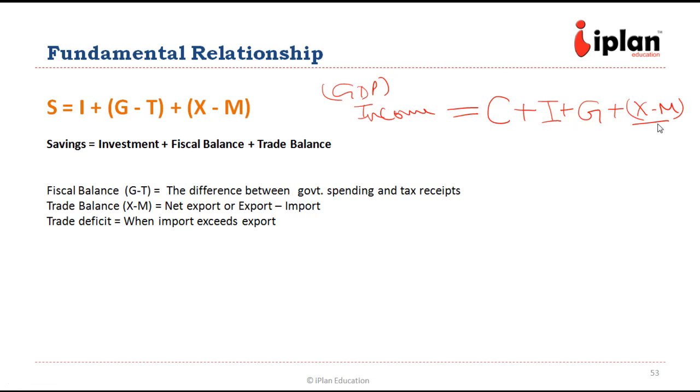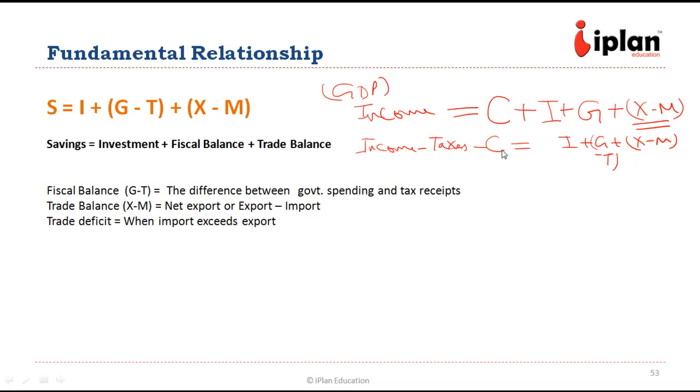So this is given in the same formula. Now in the same formula, if we subtract the taxes from both sides, I plus G plus X minus M, and then we are subtracting the taxes on this side as well as this side, and this C is transferred to the left hand side.